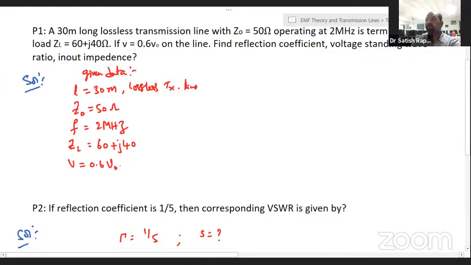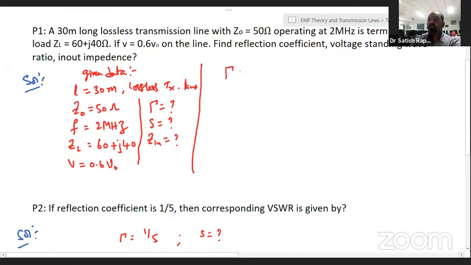So this is the given data. Find the reflection coefficient, voltage standing wave ratio, and input impedance. Reflection coefficient, capital gamma, is equal to, what is the formula?